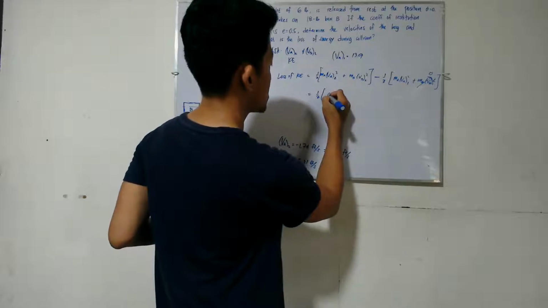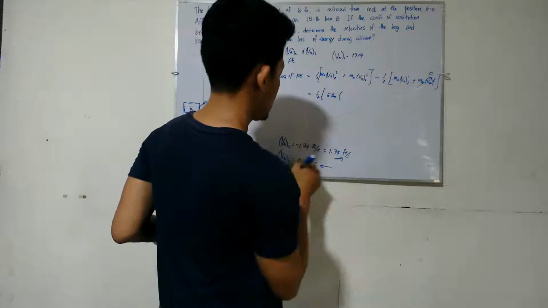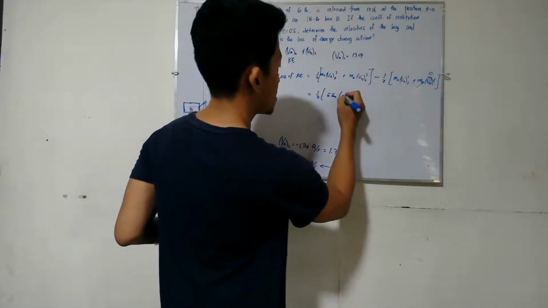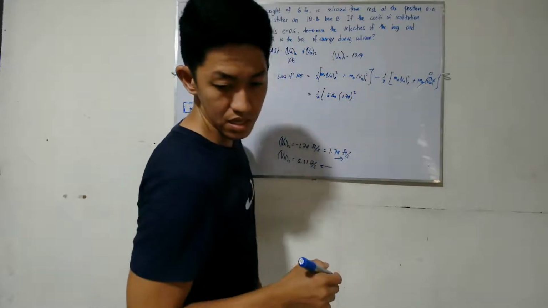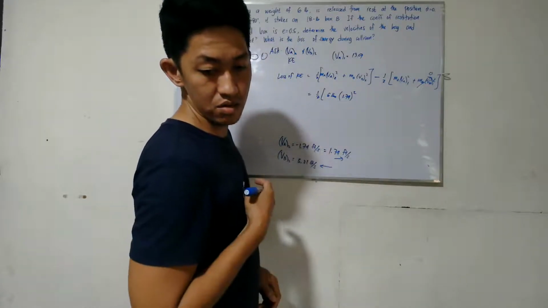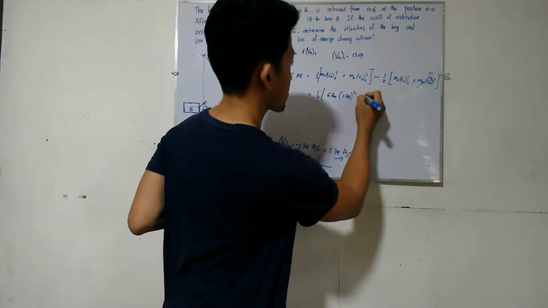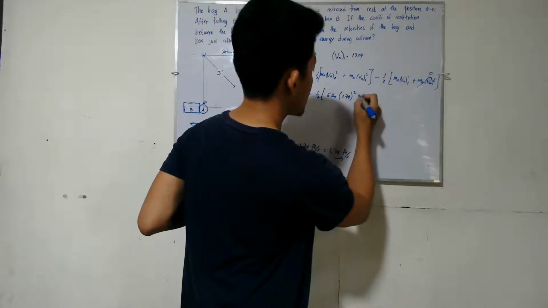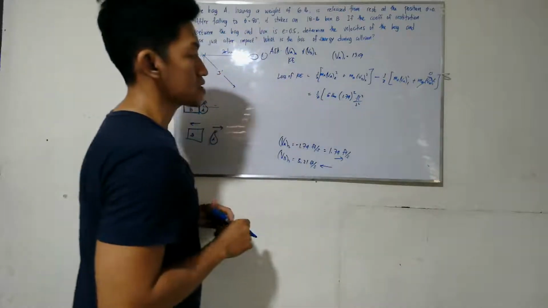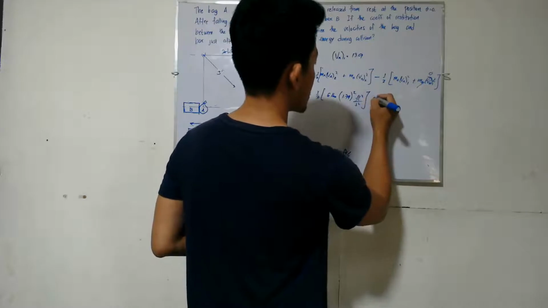So, 6 pound mass VA 1.74 squared. Right? 1.74 squared. Plus, ang unit ani, by the way, ang unit ani feet square per S square. Okay, so ang unit ani din nila is pound mass feet square per S square.